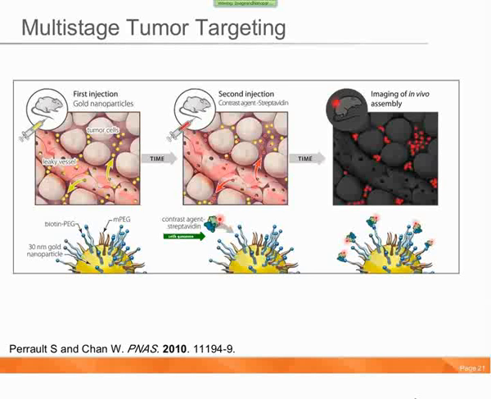The other important thing is that they were able to quite readily get targeting very rapidly. And you can see here from panel B, when you have in vivo assembly, you can see plateau signal levels by 50 minutes.